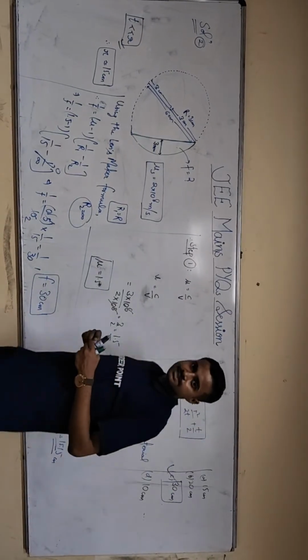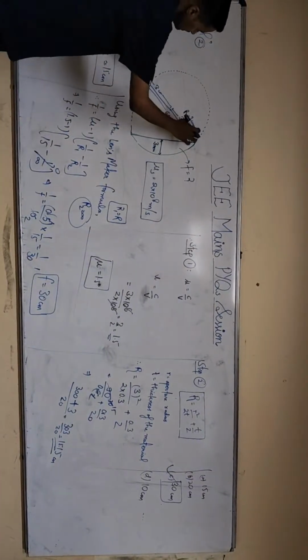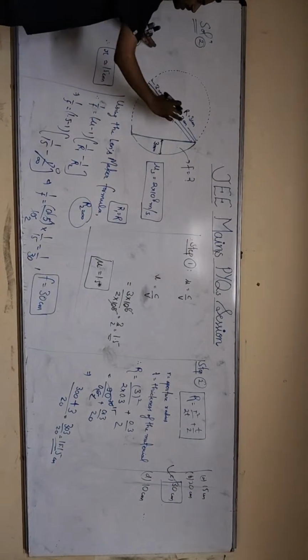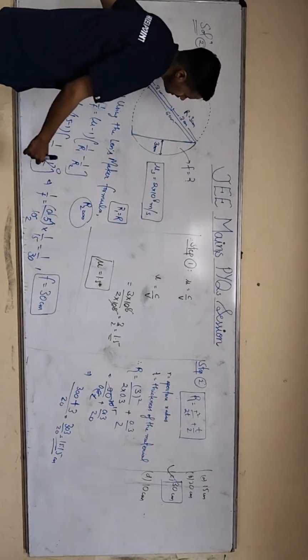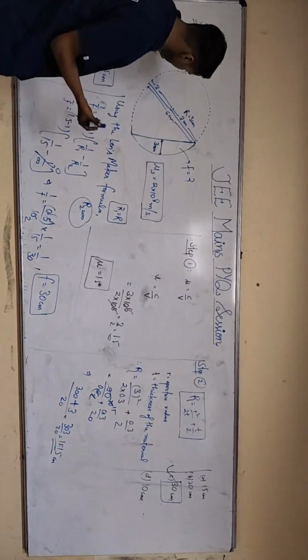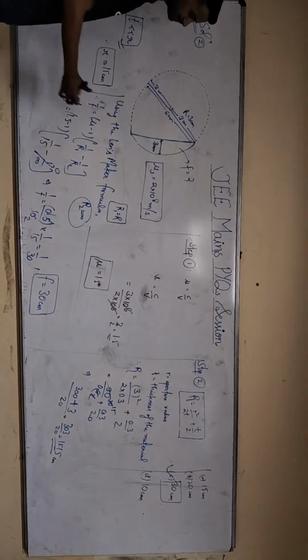So the question is easy. You only have to understand that if diameter is given, first you have to calculate the radius, and if the thickness of the material is given, you have to study the relationship between focal length, refractive index and radius of curvature by the lens maker's formula.